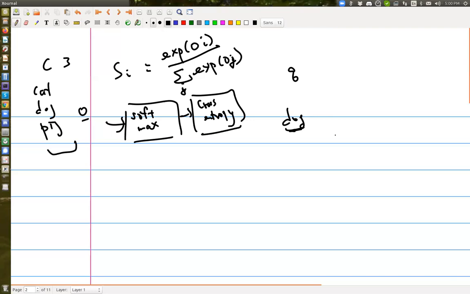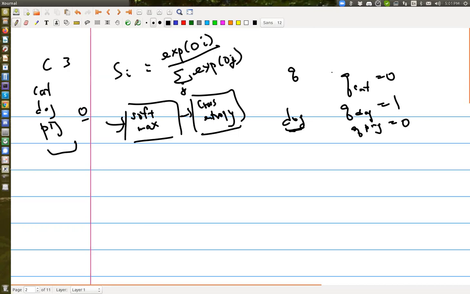The ground truth will be the ground truth probability, right? So in this case Q_dog will be 1, Q_cat will be 0, and Q_pig is equal to 0, something like that.